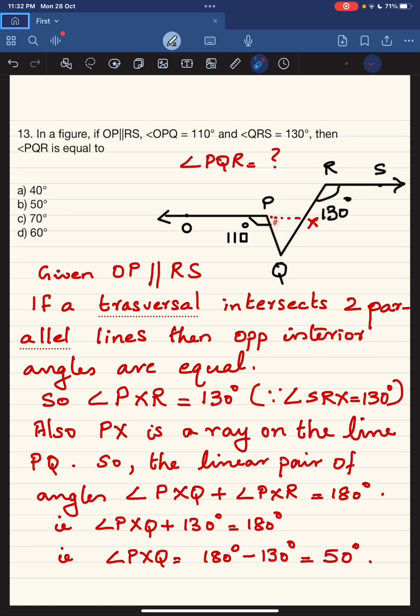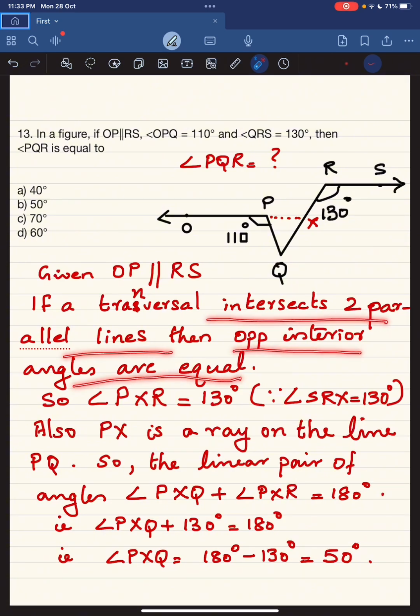This line is not given, I drew this line because we know OP is parallel to RS. So we know, if a transversal, what is the spelling, transversal, intersects two parallel lines, then the opposite interior angles are equal.